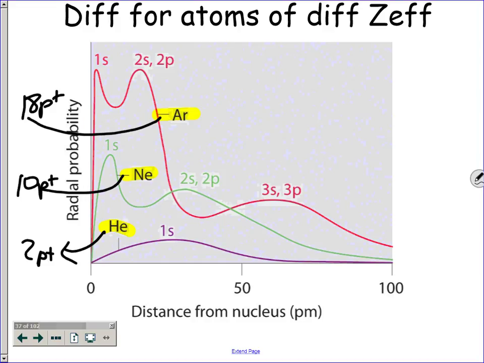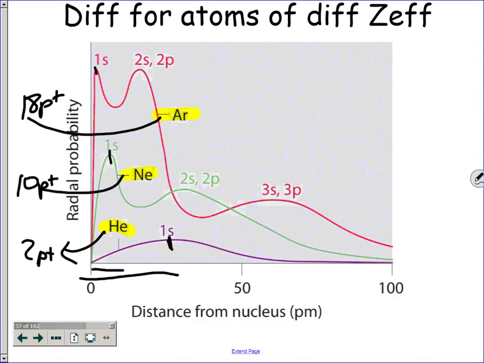It's making the first energy level undergo a lot of nuclear penetration, which is going to do what to the energy level cloud? It's going to shrink, right? So it's going to get smaller, which means its distance from the nucleus is going to be smaller. So helium's way over here. That's a pretty large distance. Neon's about half that, and then argon's is super, super, super close.